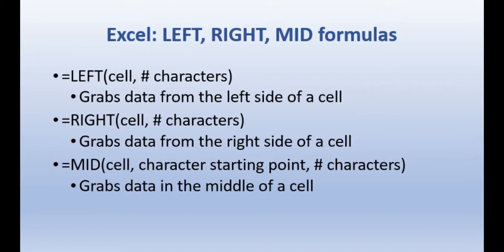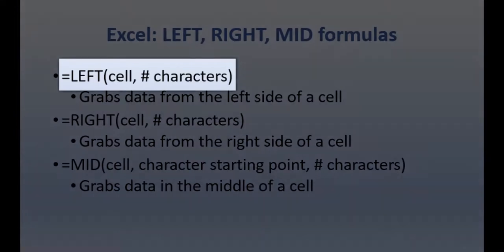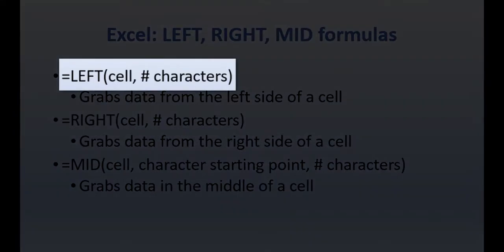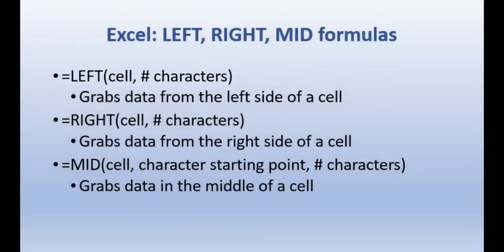We also learned the left, right, and mid formulas, and these are helpful when you're trying to grab certain characters, perhaps dates, and separate them into their own columns. The left formula, equal left, again Shift 9 to open the parentheses, then you click on the cell that you want, and then you count over the number of characters that you want to grab.